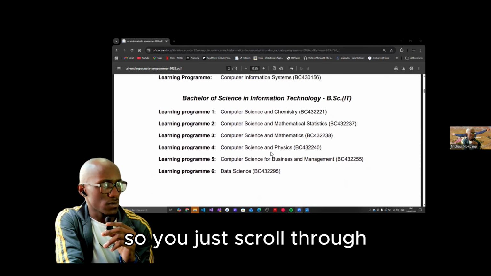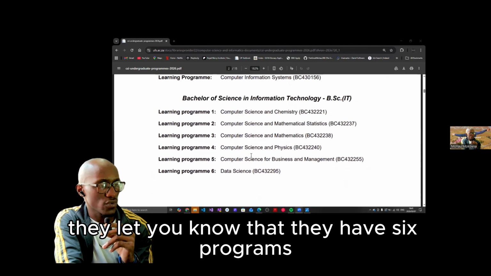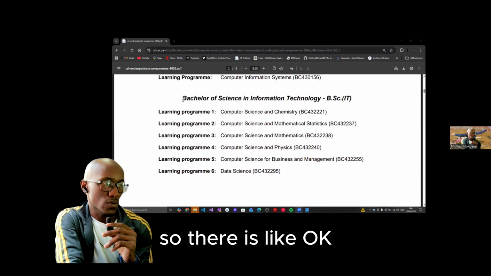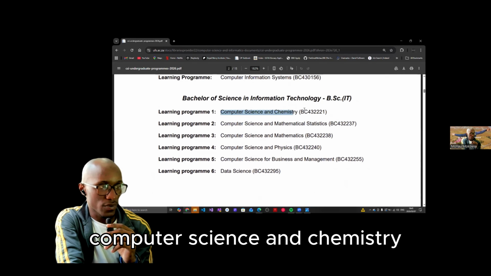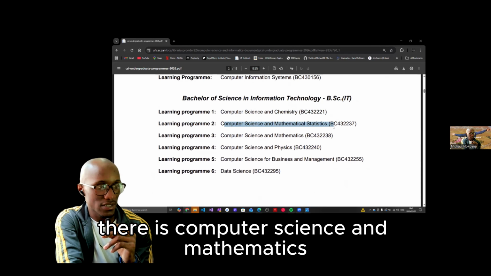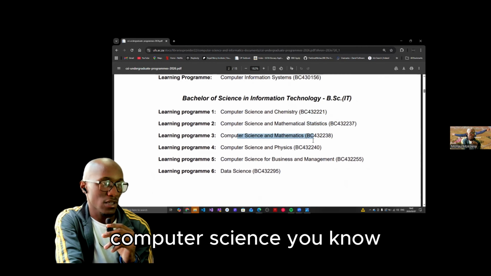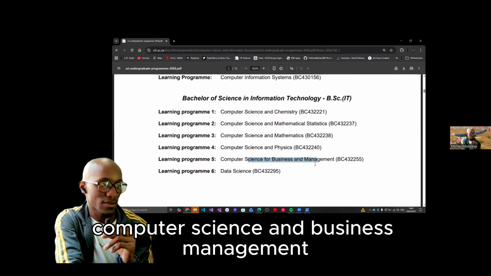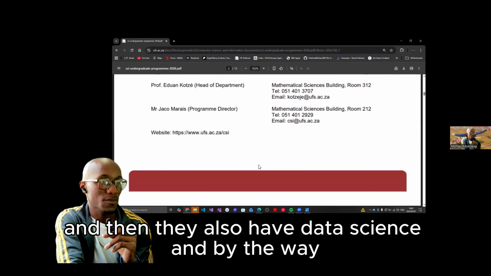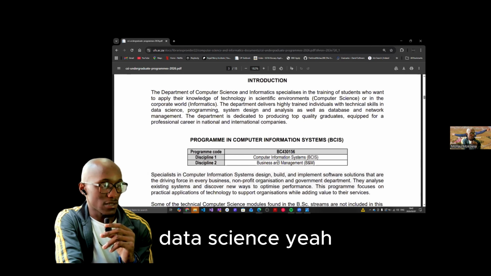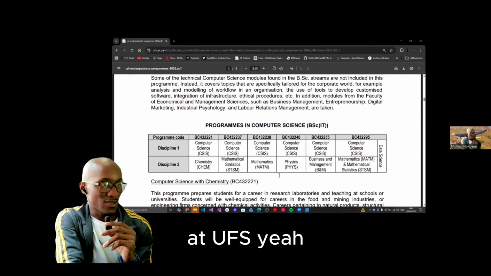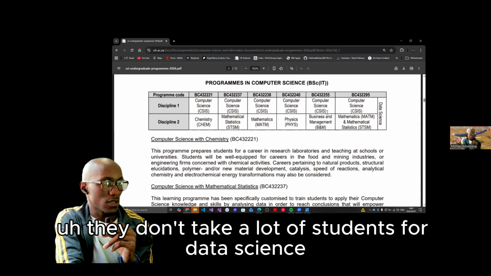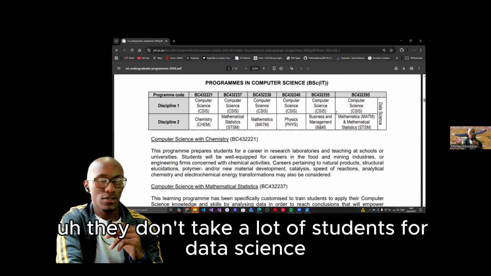So you just scroll through, they let you know that they have 6 programs under Bachelor of Science in Information Technology: computer science and chemistry, computer science and mathematics, computer science and mathematical statistics, computer science and physics, computer science and business management, and then they also have data science. And by the way, data science at UFS, you have to be good to get into that program. They don't take a lot of students for data science.